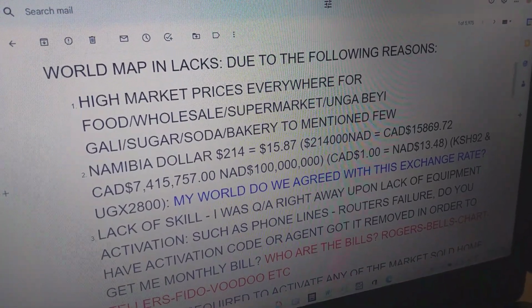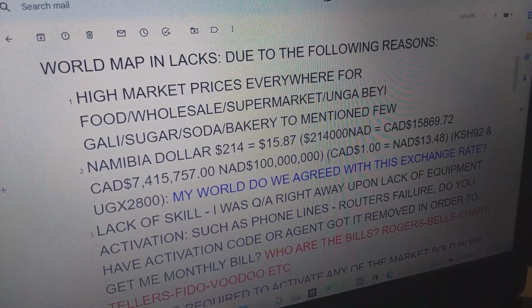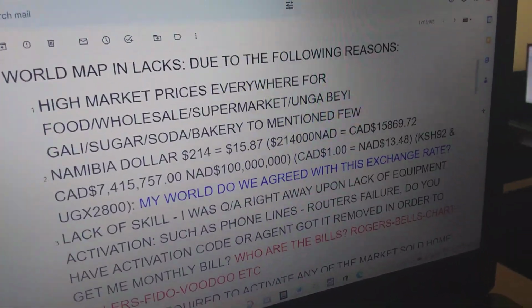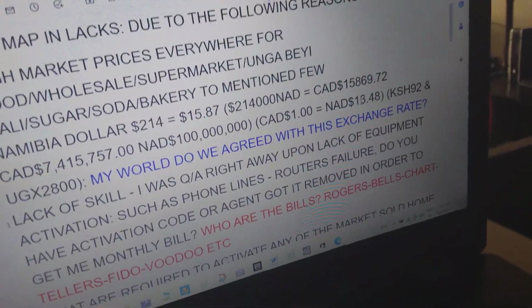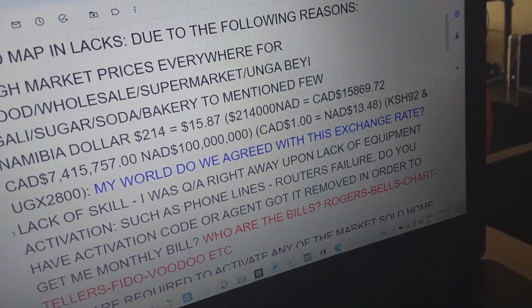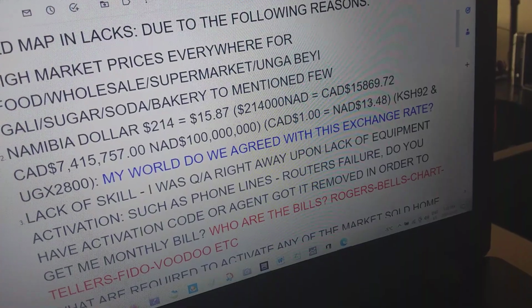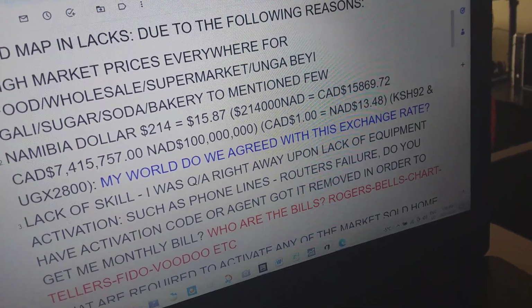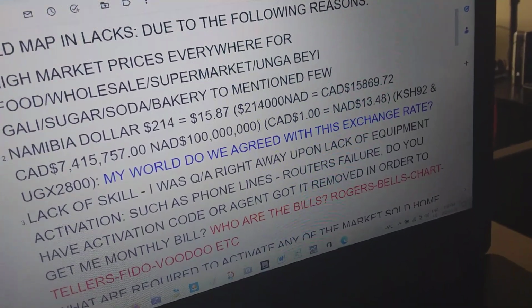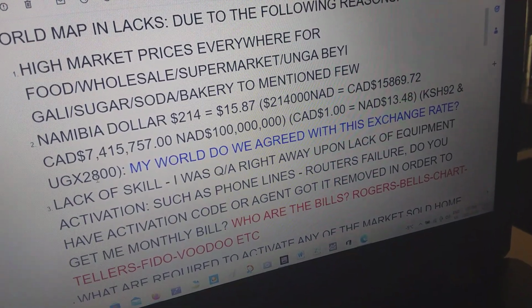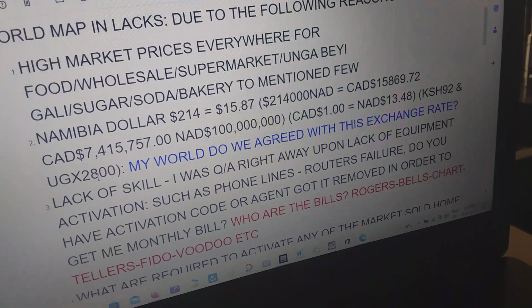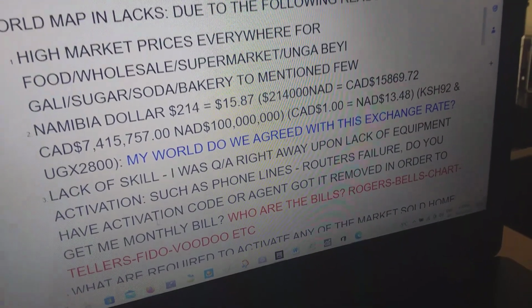What are you going to do with that? And then if we put $1 Canadian, that's roughly 13 Namibian currency, and that's roughly 92 Kenyan shillings, and that's roughly 2,800 Ugandan shillings.